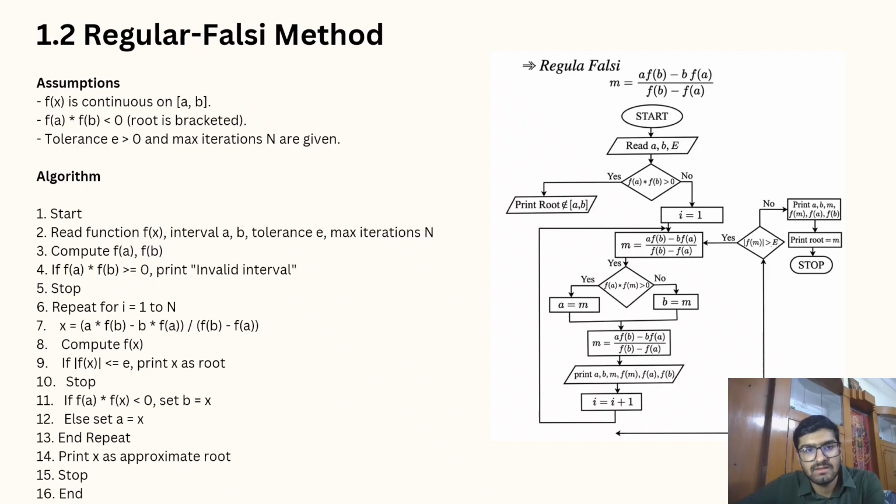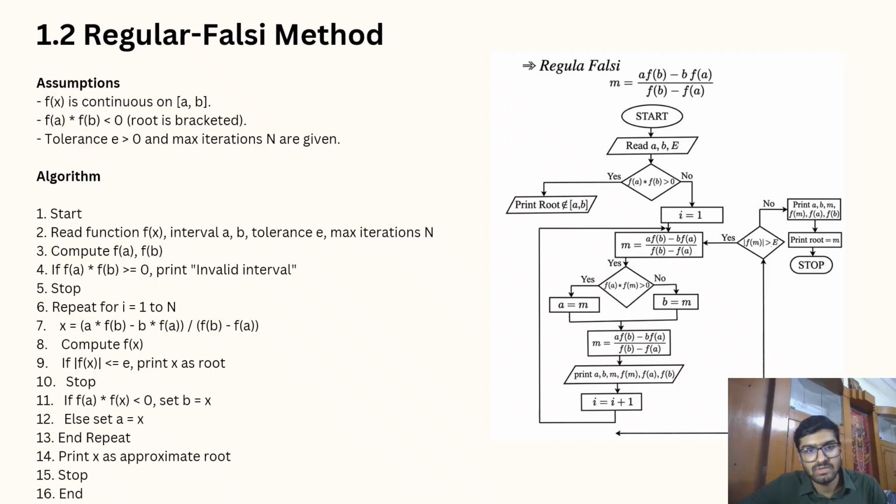Or else we will run a loop from i is equals to 1 to n, in which we will first compute the value of x. You can also see the formula given above the flowchart, and the formula is a f of b minus b f of a divided by f of b minus f of a.